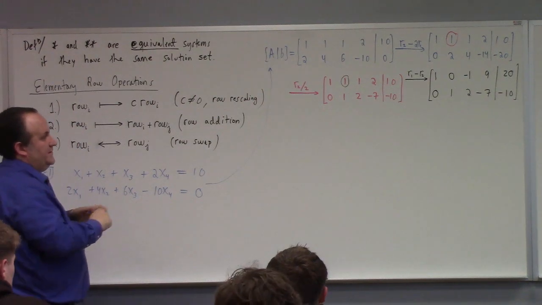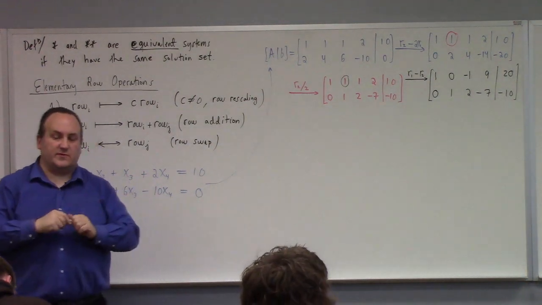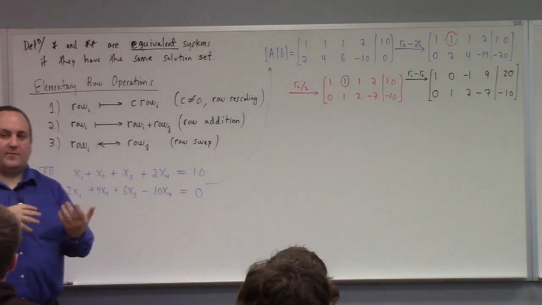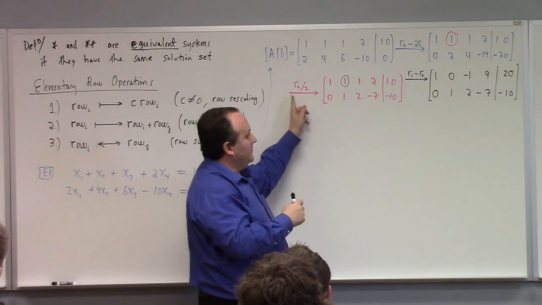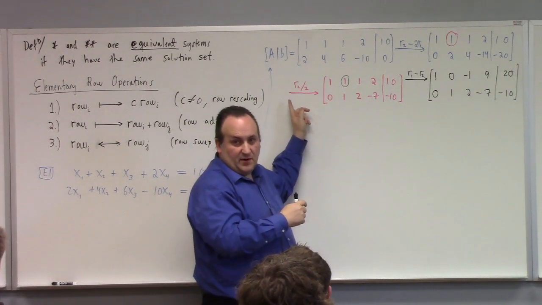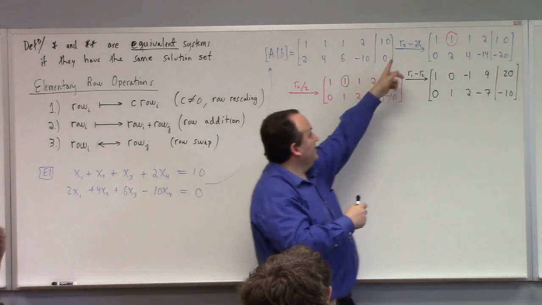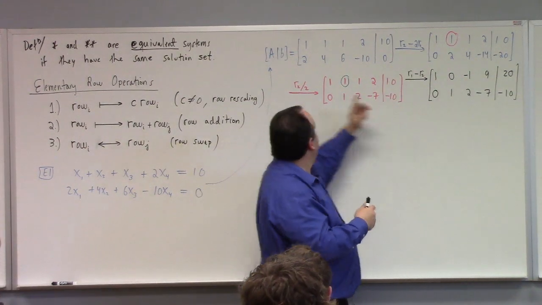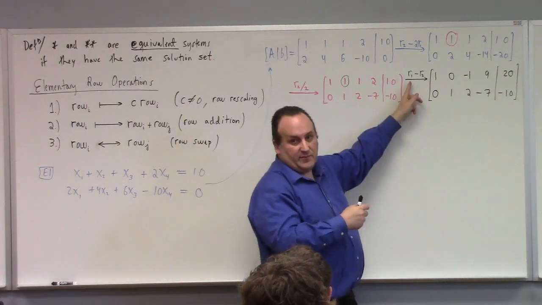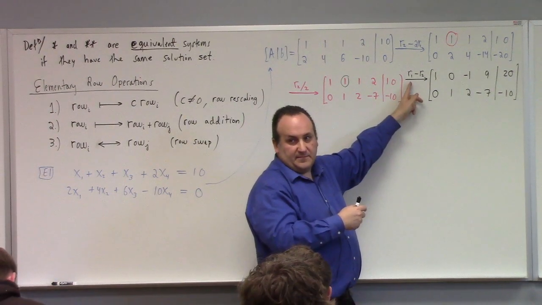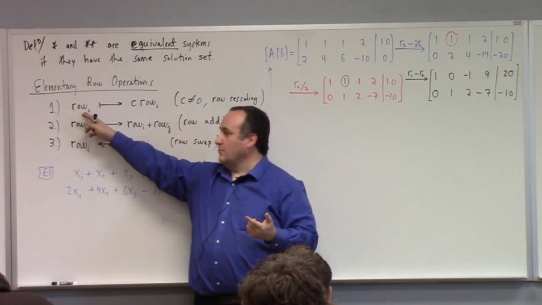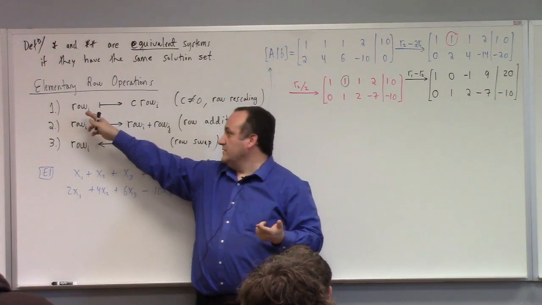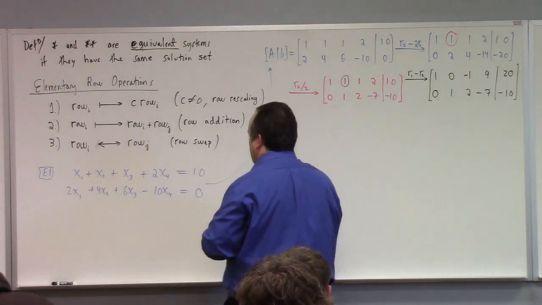So before I say anything more, let me comment on the notation that we're using. The row operations notation I'm using is simply this: whichever row comes first over the arrow is the one I'm modifying. See that? So I'm changing row 2, I'm changing row 2, I'm changing row 1. When I described it over here, I used these arrows. What I'm trying to say is that this is essentially a shorthand.